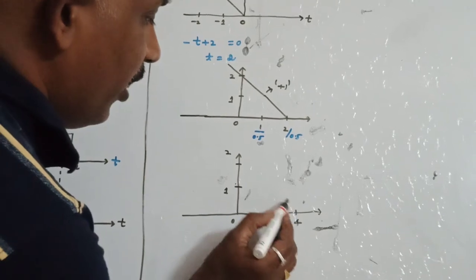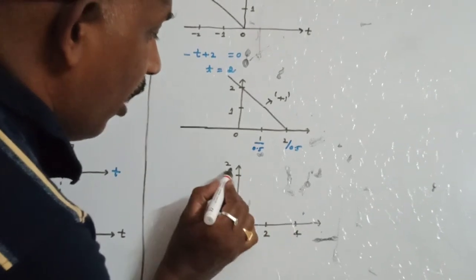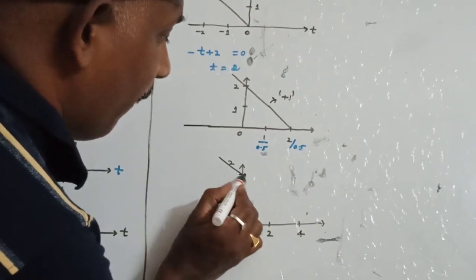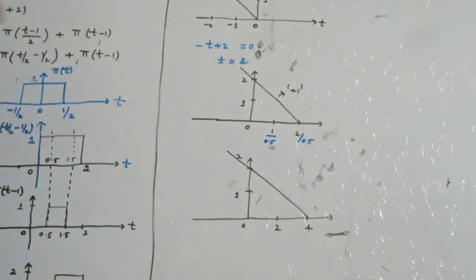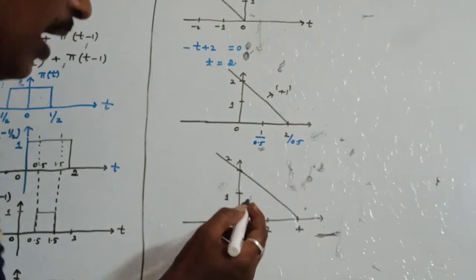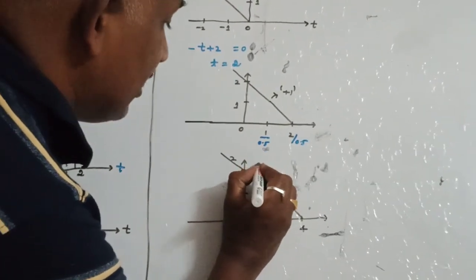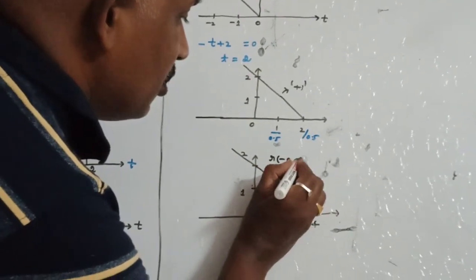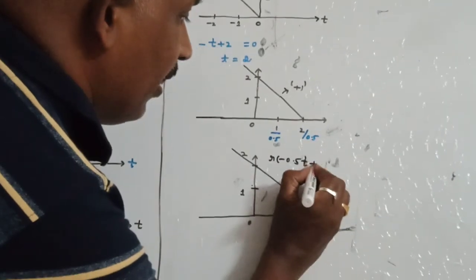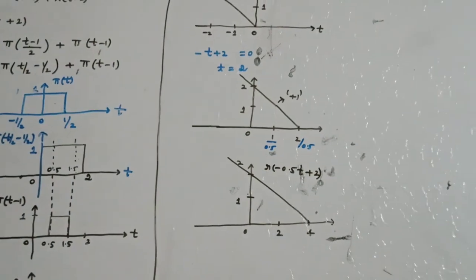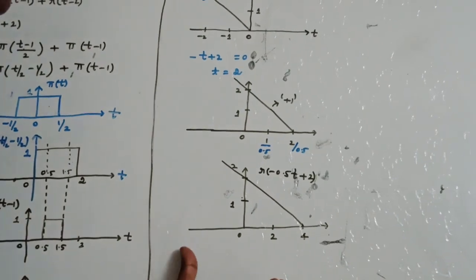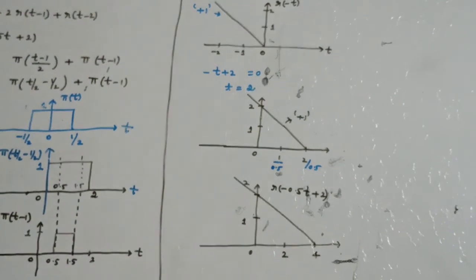Draw the same ramp like this. This is your final signal, R of -0.5 t plus 2. This is the answer for this question. Thank you.